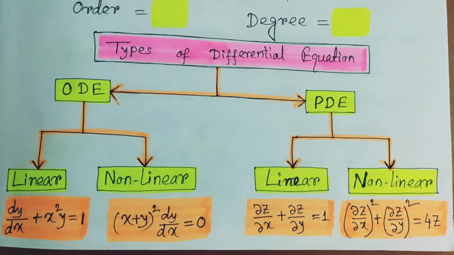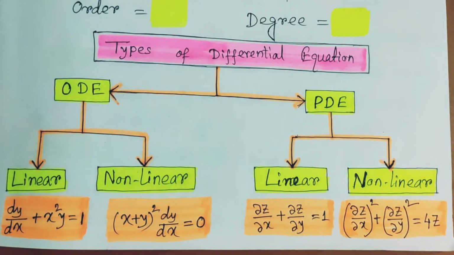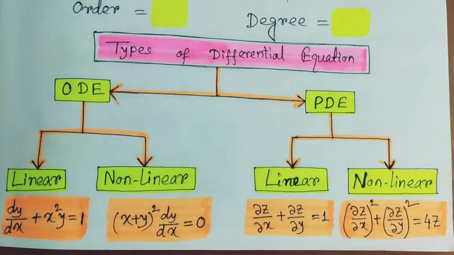So remember, in a differential equation, the dependent variable is always one, whereas the independent variable may be one or more than one. If it is one, then it is an ordinary differential equation. If the independent variables are more in number, then it is a partial differential equation.